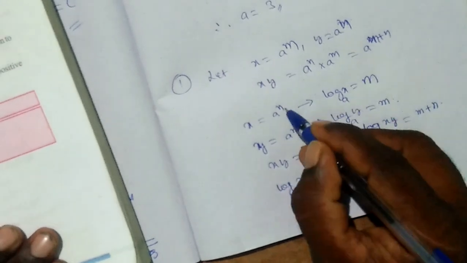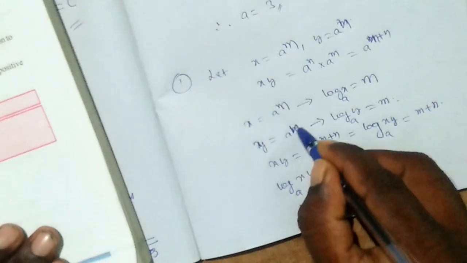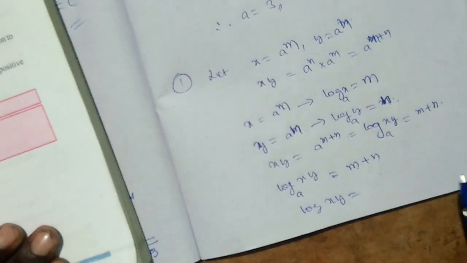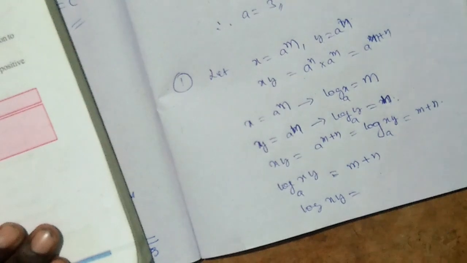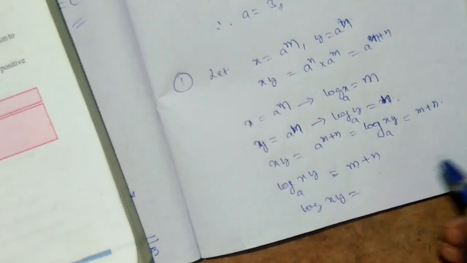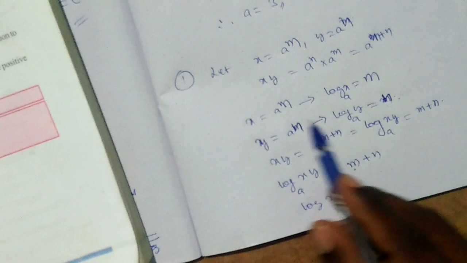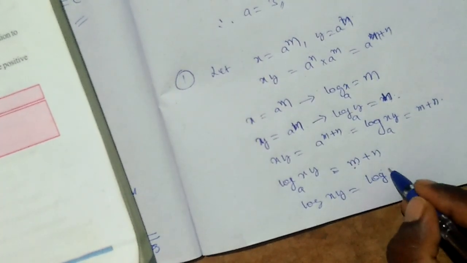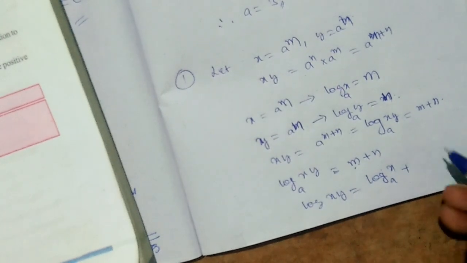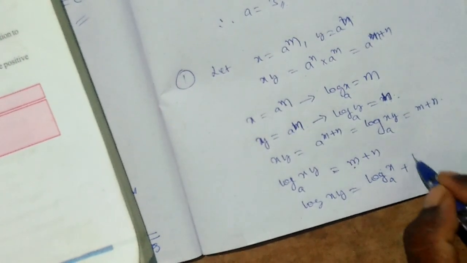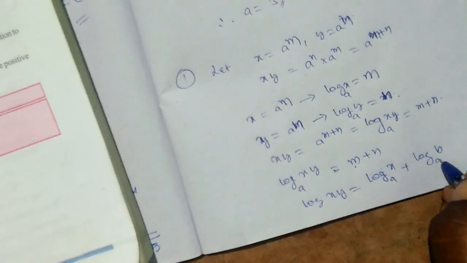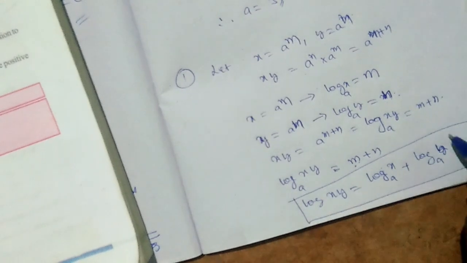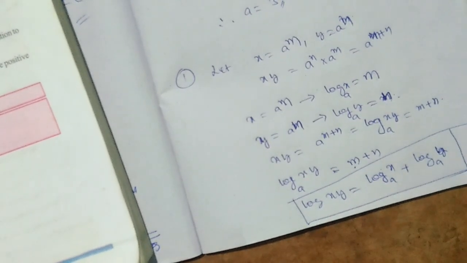Okay, don't be confused. So xy is m plus n. So m is equal to log x base a, plus n is equal to log y base a. This is the first formula, the first property of logarithms.